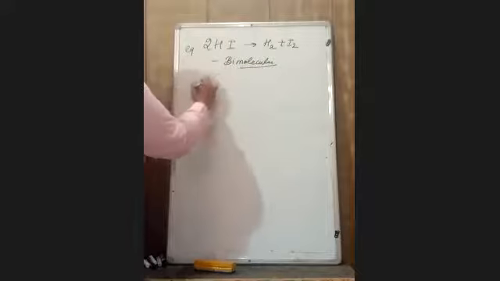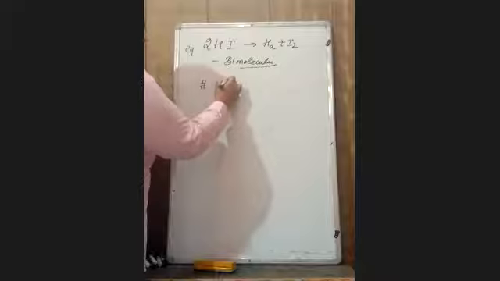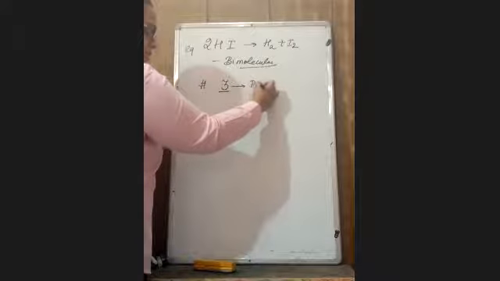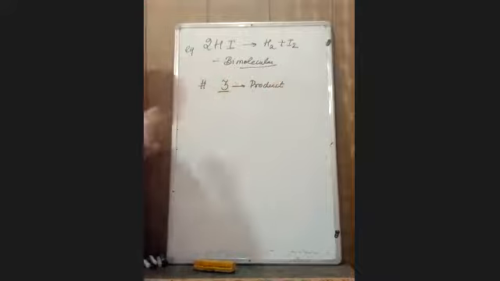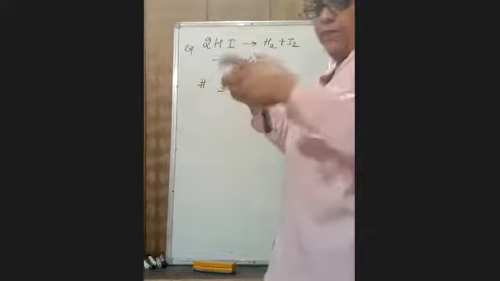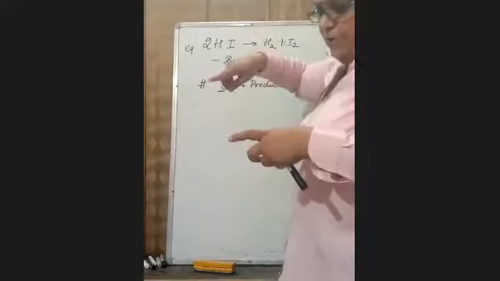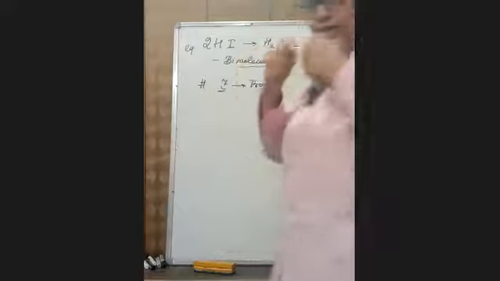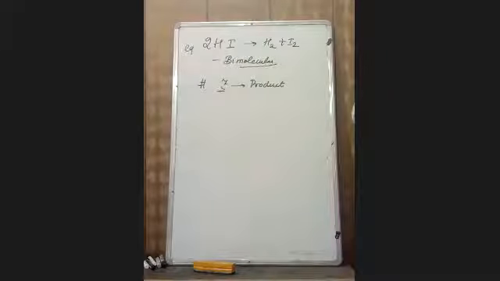Now, if the number of molecules is 3, it can produce the product because molecules have to collide with each other. Here, 3 molecules are colliding. In a unimolecular reaction, the collision is very effective. In a bimolecular reaction, it is less effective than unimolecular.